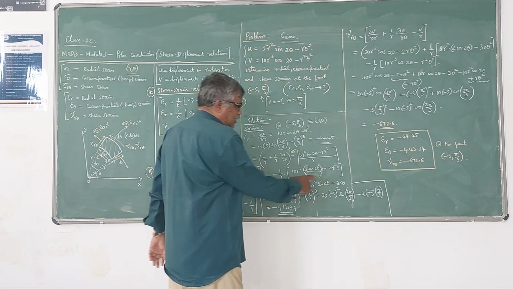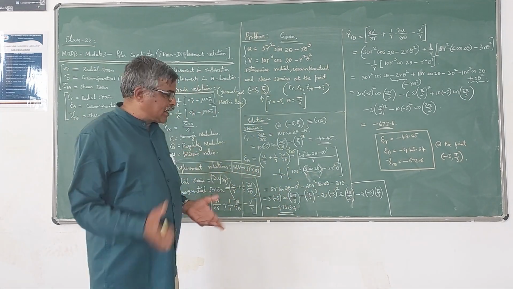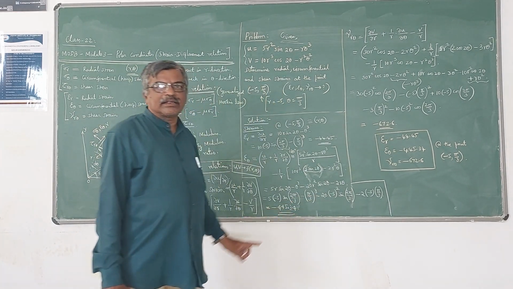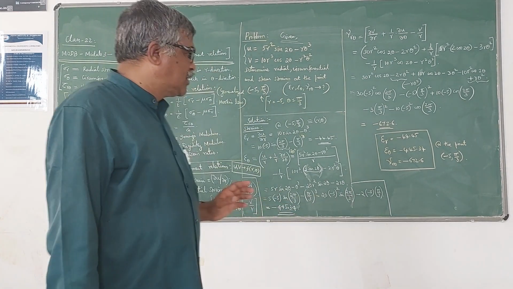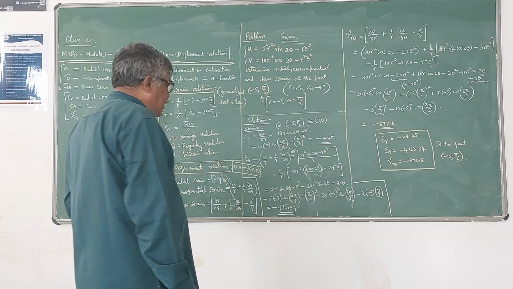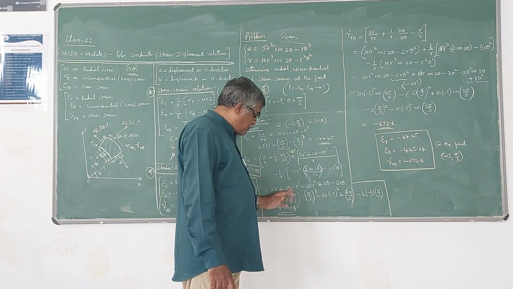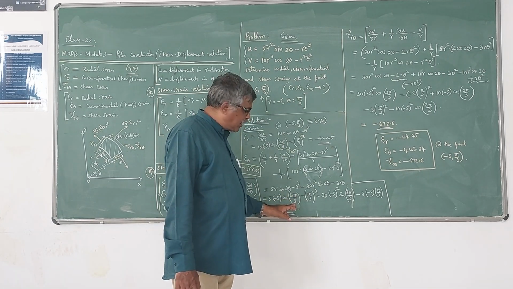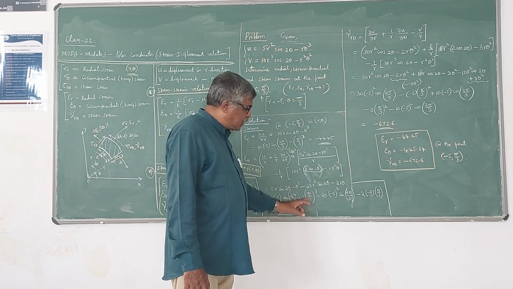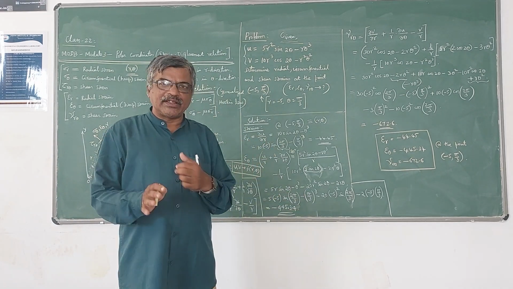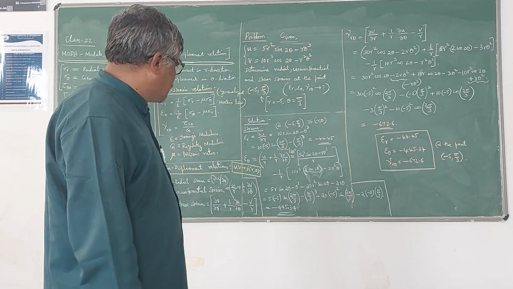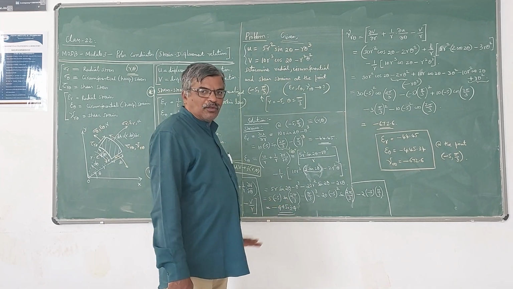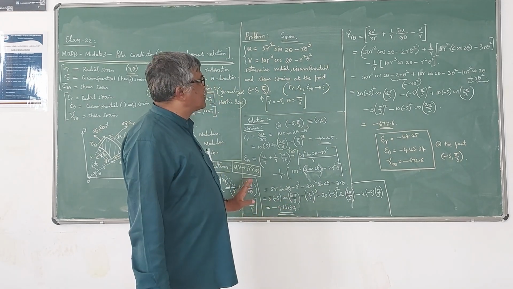All this you have to practice. Then finally you substitute the values of r as minus 5 and theta as pi by 3. Once again here sin 2 pi by 3 means sin 120 degree, and this pi by 3 you substitute as it is. If you do that, you will get minus 445.34. Once again that has no units.